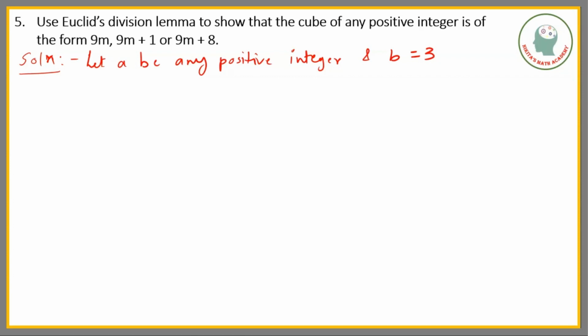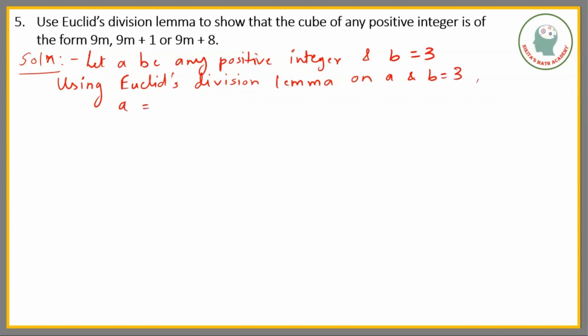Now, what we are going to do, we have to use Euclid's division lemma. On which two numbers are we going to use this lemma? On a and b. Using Euclid's division lemma on a and b, where the value of b is 3, we have a equals to bq plus r, where r is greater than or equal to 0 and less than b.